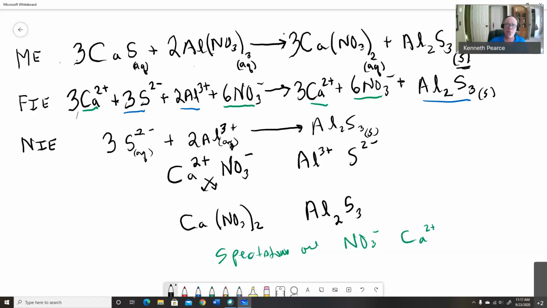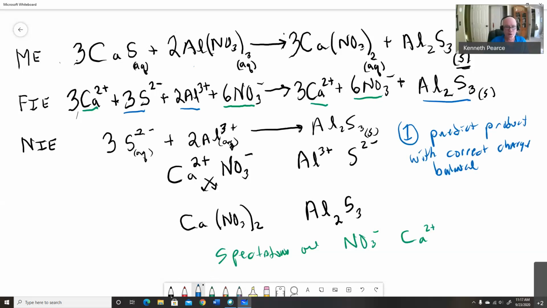So this is a key skill for this chapter. Let me just write them out. These are things that you have to be able to do. 1, you have to be able to predict the product with correct charge balance. In other words, it's this piece right here, this very last piece here. That's what that skill is, number 1.